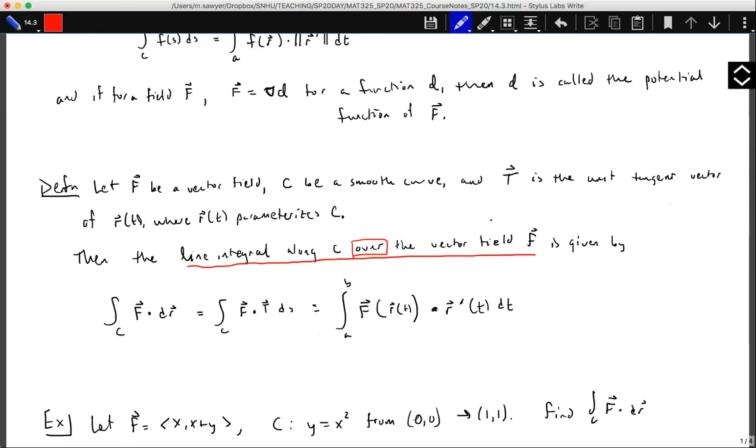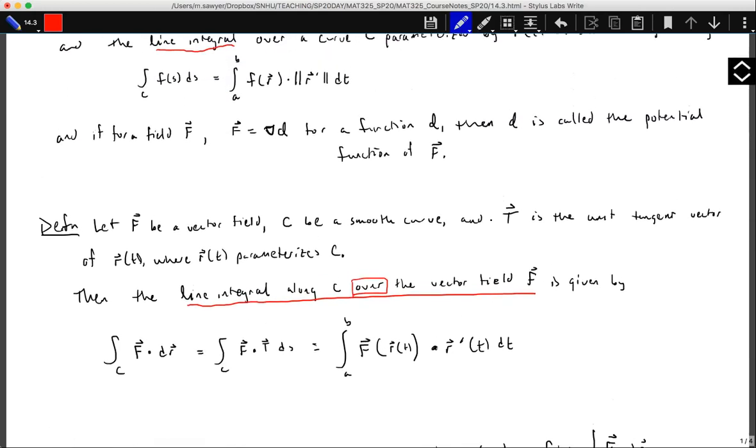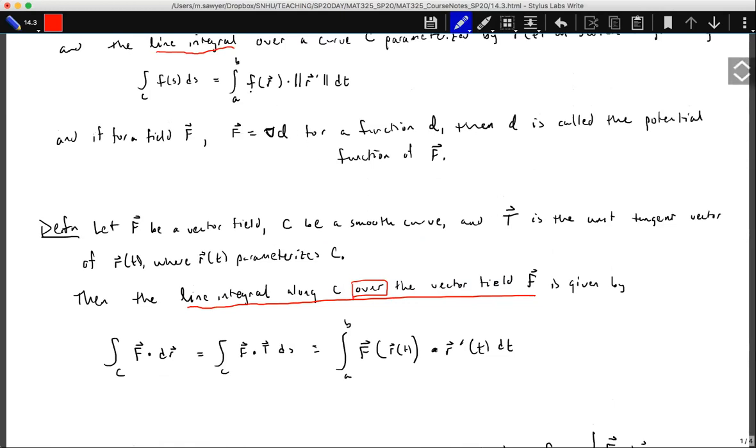Notice the similarities between the line integral over the surface, little f of r times the magnitude of r prime, and vector big F evaluated at r dot the vector r prime of t.